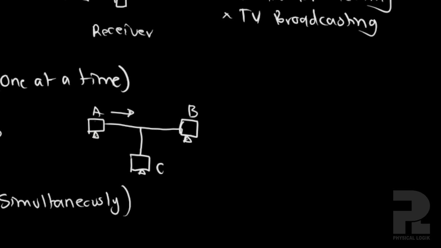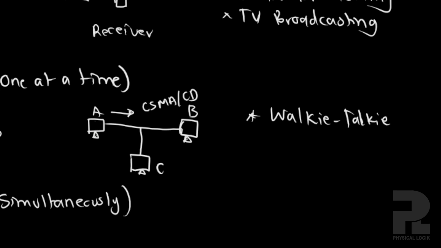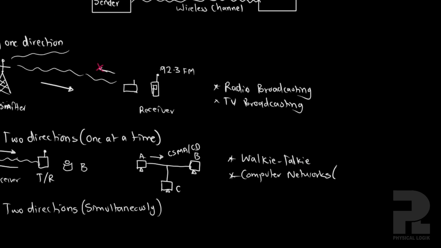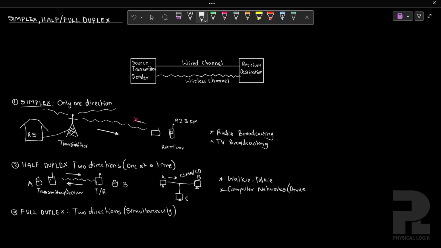And a common mechanism used in this scenario to prevent collisions is called CSMA/CD. So this is also another example: a walkie-talkie scenario, and computer networks with devices on the same collision domain.